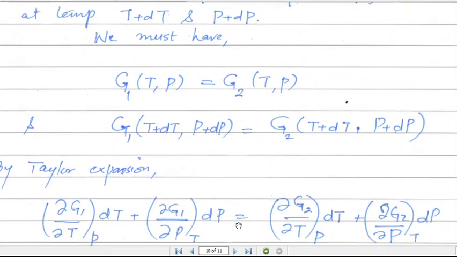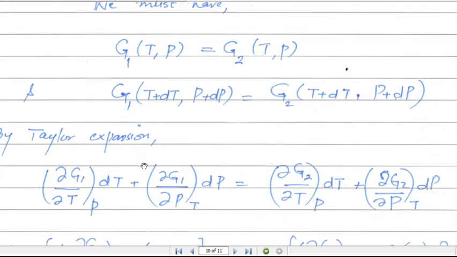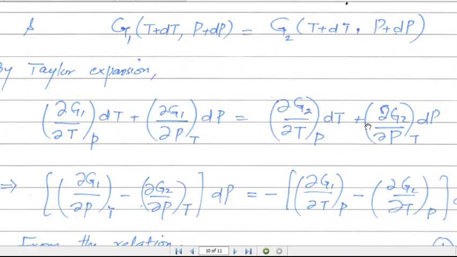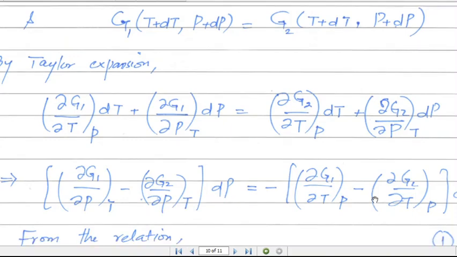And we can use Taylor expansion if dT is small. So by Taylor expansion, we will get partial G1 by partial T at constant pressure times dT, and partial G1 by partial P at constant temperature times dP. And similarly on the right hand side, and if we rearrange this above equation, we will get this equation.